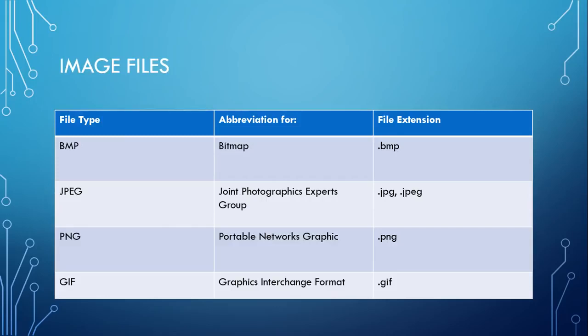As we look at images here, we have a nice, beautiful table for you to copy down of the file abbreviation and file extension. So BMP, of course, is a bitmap file, and the file extension there is BMP. One thing to note about bitmaps is that it's literally mapping pixel to pixel.